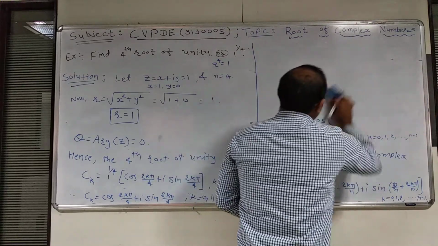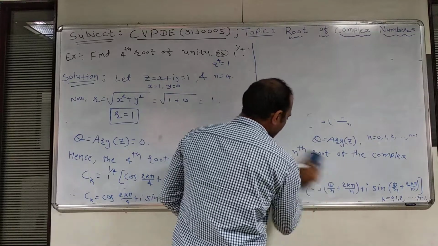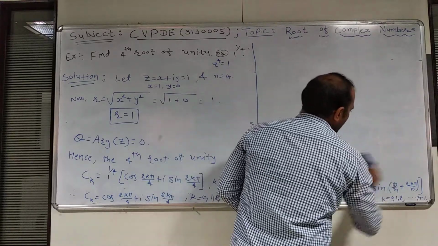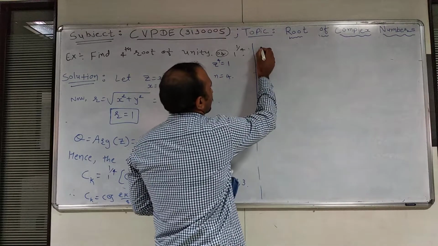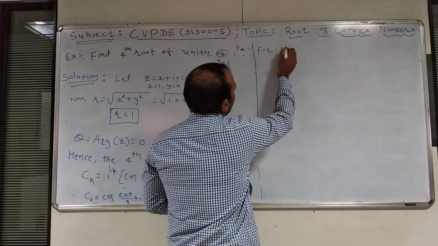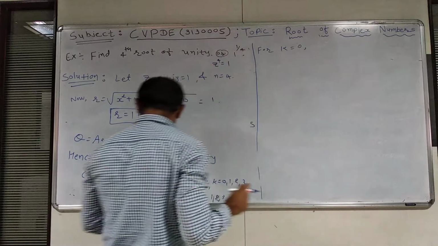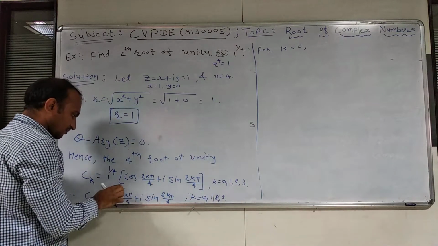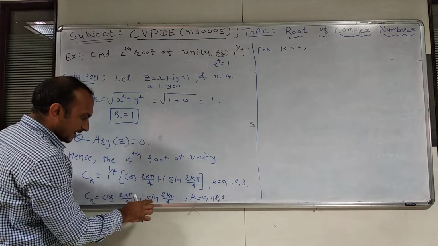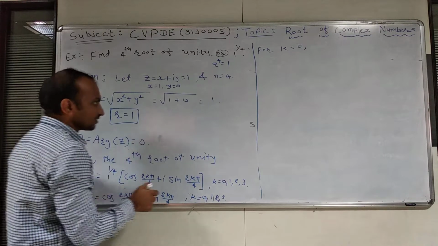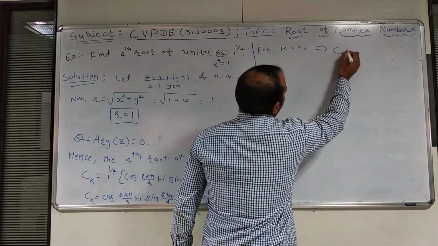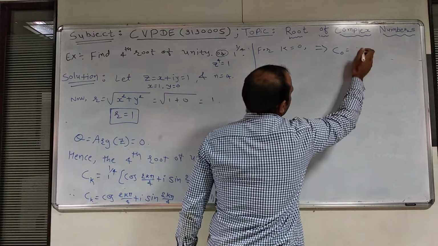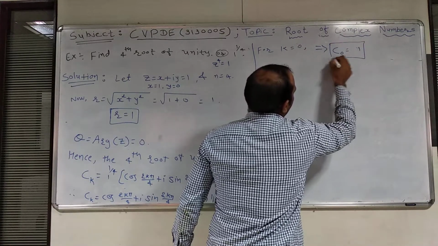First we put k equal to 0. So for k equal to 0, this term is 0, cos 0 plus i sin 0, so c0 equals cos 0, and cos 0 is 1. So this is our first root.